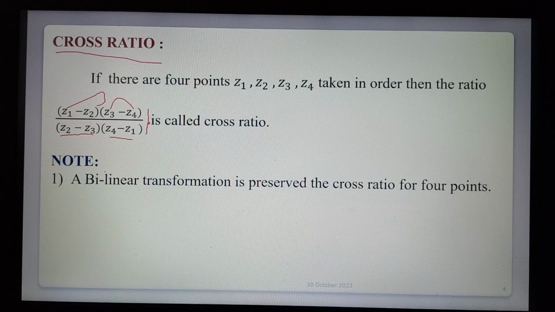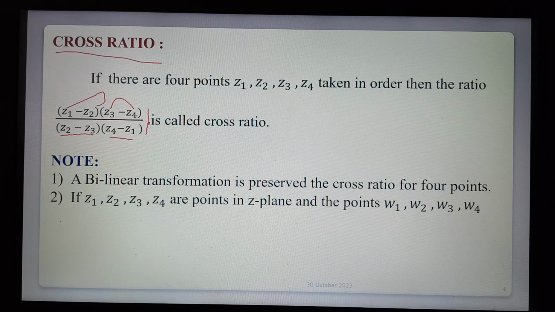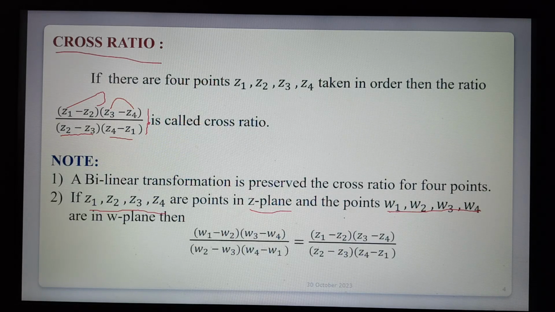Okay, so note, a bilinear transformation preserves the cross ratio of 4 points. So for example, if z1, z2, z3, z4 are points in the z plane and w1, w2, w3, w4 are points in the w plane, then the cross ratio is preserved under the bilinear transformation.